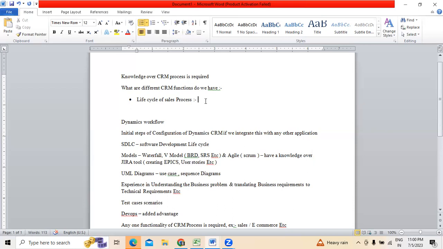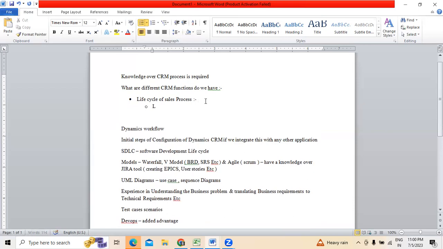Understood? Clear? Now, when we talk about the life cycle of a sales process, the first thing is lead capture. Understood?